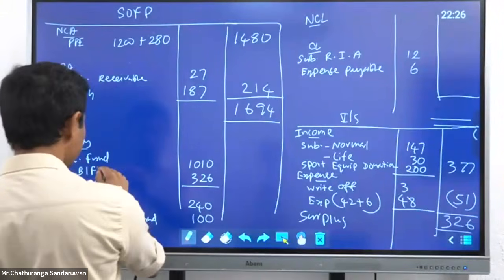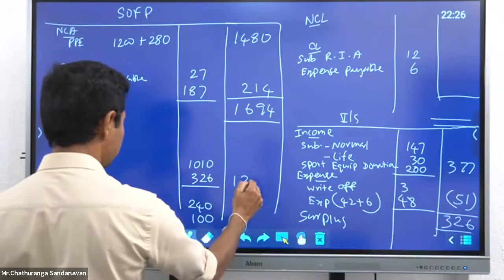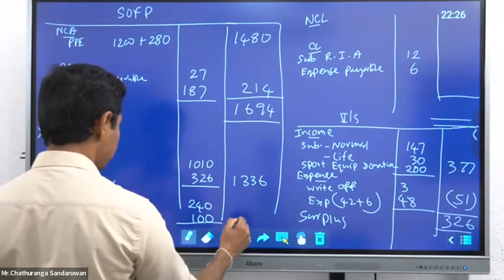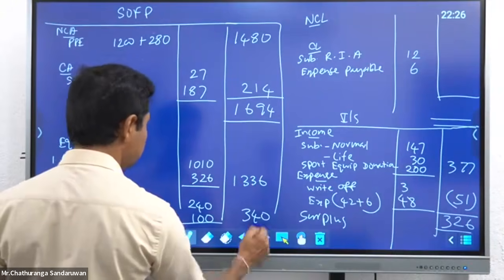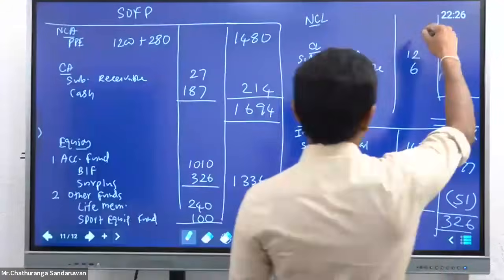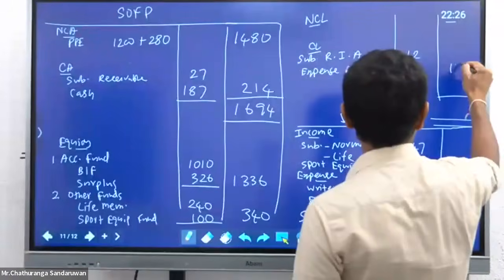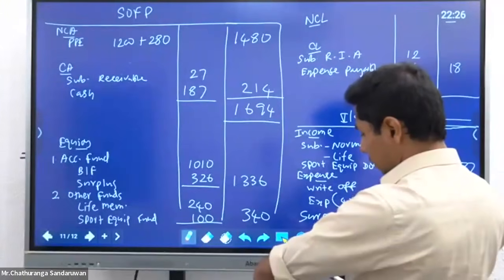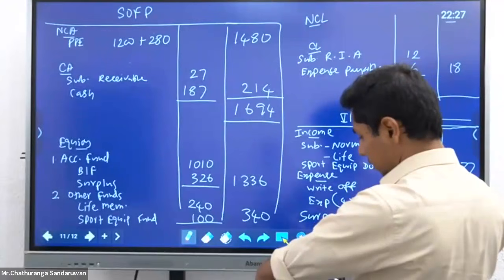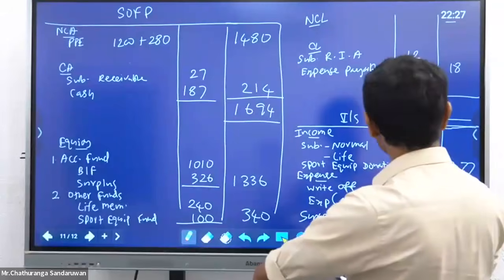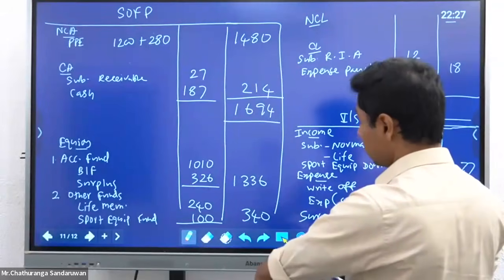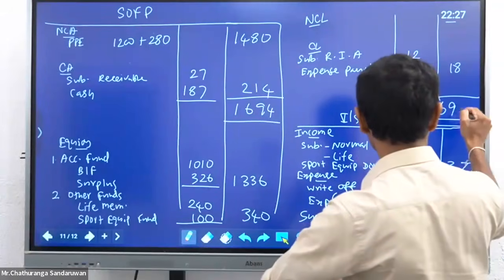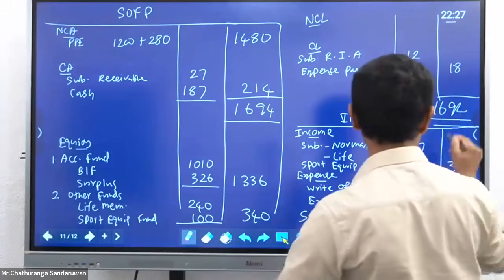So total accumulated fund at the end of the period 1336. Other funds 340. Non-current liabilities no balance, here 18. Therefore, equity and total liabilities 1330 plus 340 plus 18, I get 1694. Exactly it balances, right?